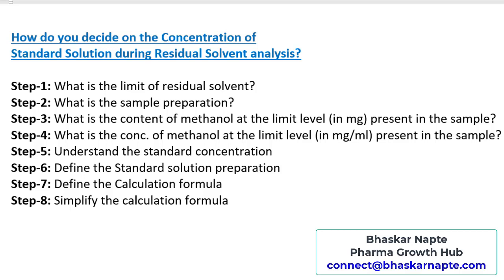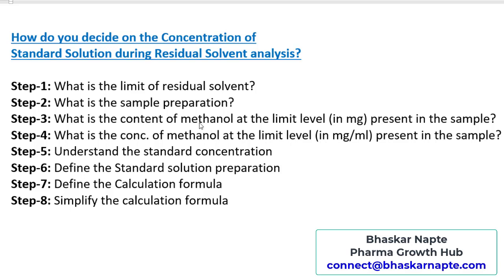We are going to understand this entire process as an 8-step process, and you can see all 8 steps on the screen. The first step is what is the limit of residual solvent. Step number 2, what is the sample preparation. Step number 3, what is the content of methanol at the limit level in milligram present in the sample. Methanol is the example I have taken as a residual solvent.